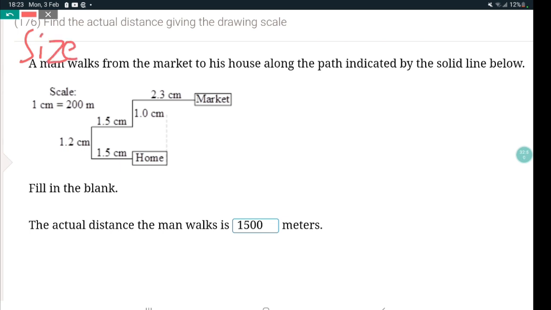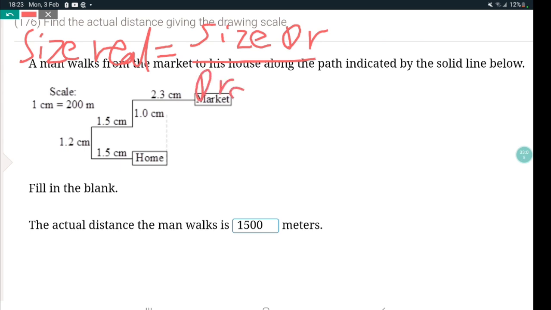Size real is equal to size over, size real equals size drawing over drawing scale. Okay, so we're going to find this.